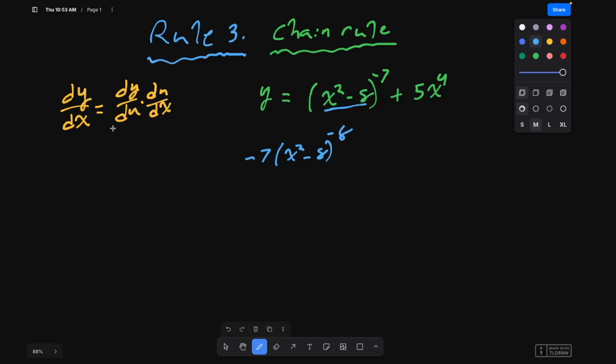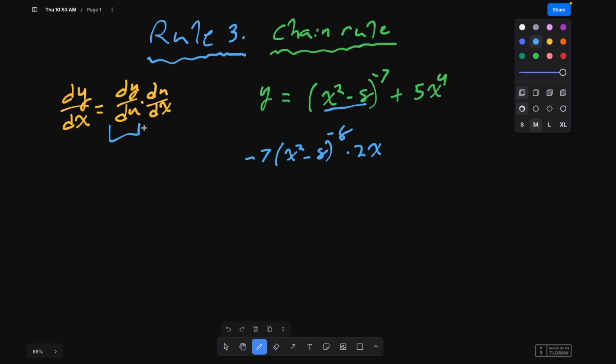But that is only the dy du part. Now we need to take the derivative of the inside function, which is x squared minus 8. So it's multiplied by the derivative of the inside, which is just 2x.